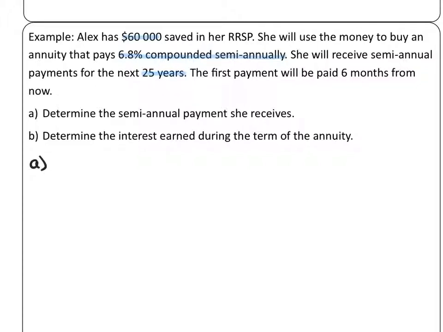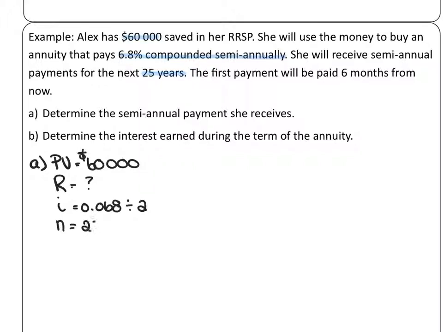So for A, again, let's make a list and do some of our calculations first. We've got 60,000, that's what we have right now. R is what we're trying to find out. I is 6.8%, so 0.068 divided by 2 because it's semi-annually, and n is 25 times 2 because it's semi-annually, so 50. 0.068 divided by 2 is 0.034.